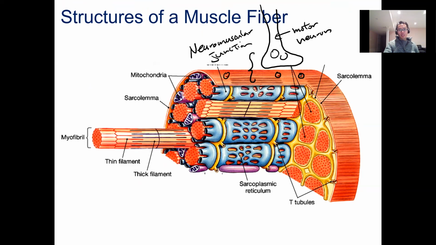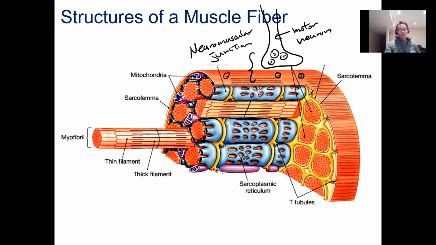In the animation, we see that we're going to have the neurotransmitter coming out. And once the neurotransmitter is released, it will cause an action potential to spread throughout the entire muscle cell through these T tubules. We're going to get to that in a second.